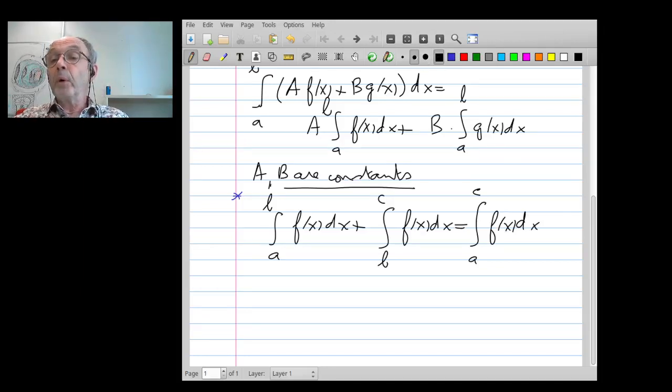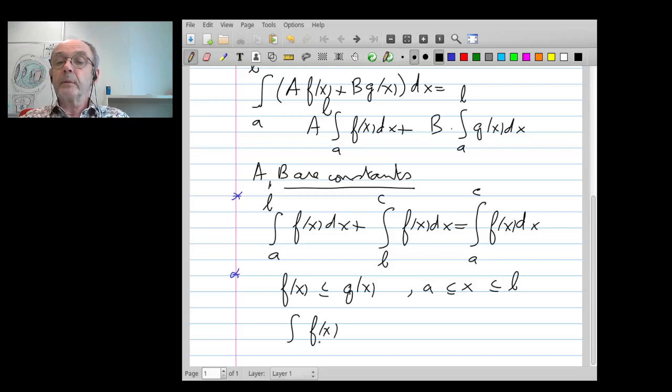Sometimes you want to get bounds for integrals. If you know that you have a function g which is greater or equal to the function you are busy with, so that f is less or equal to some function g of x, for x greater or equal to a and less or equal to b, then the integral from a to b of f on the left-hand side will be less or equal than the integral from a to b of g(x) dx.